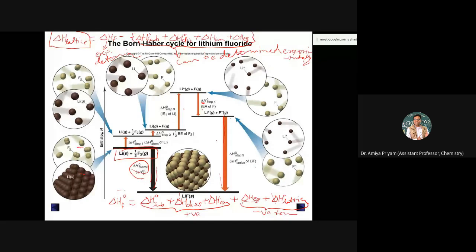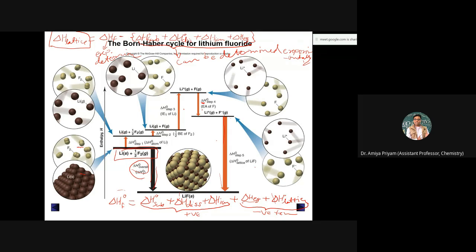So the importance of the Born-Haber cycle is that prior to that you didn't have any idea how to calculate the lattice energy, and they found a method by applying Hess's law. They applied Hess's law onto the formation of this crystalline lattice, starting from the elemental state.